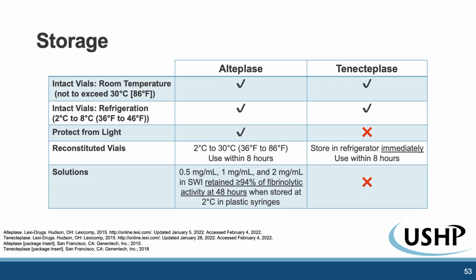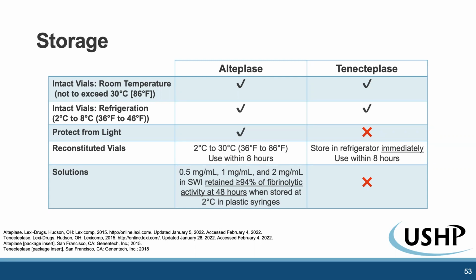Intact vials can also be refrigerated between 2 and 8 degrees Celsius, or rather 36 to 46 degrees Fahrenheit. That is consistent once again for Alteplase and Tenecteplase. And then when assessing protection from light, we see that Alteplase must be protected from light, whereas Tenecteplase does not have to be protected from light.